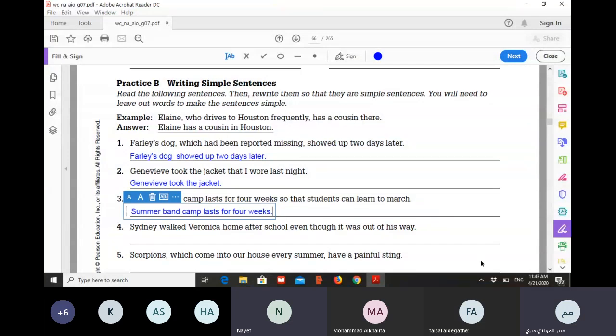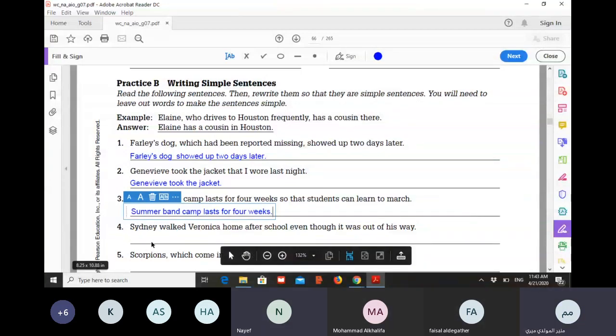Sydney walked Veronica home after school, even though it was out of his way. Sydney walked Veronica home after school. Excellent. Very good.